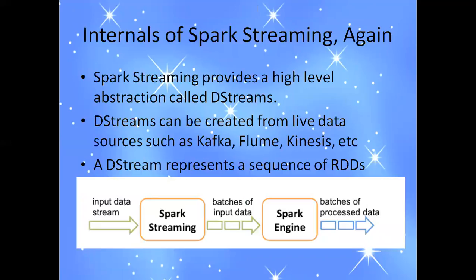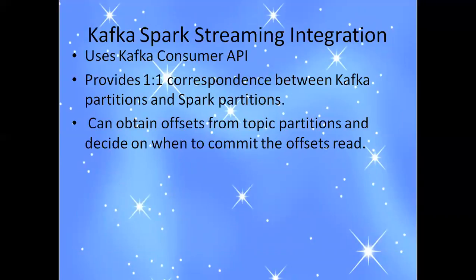So this is, again, the same picture. I just put it there to give you what's going on. So Spark streaming. Our use case is Spark streaming using Kafka, and Kafka uses the consumer API, which is a part of your Kafka API.